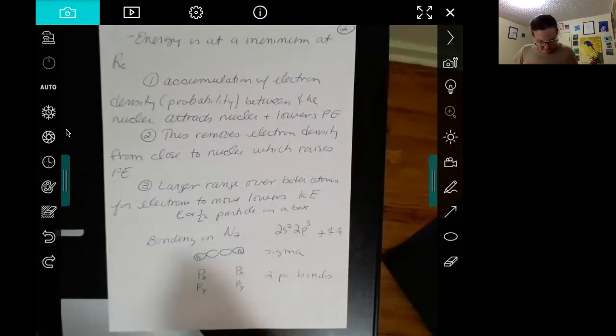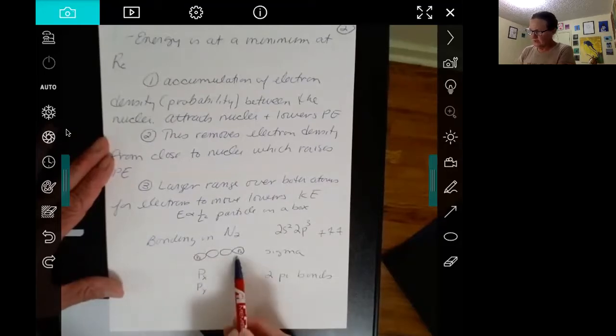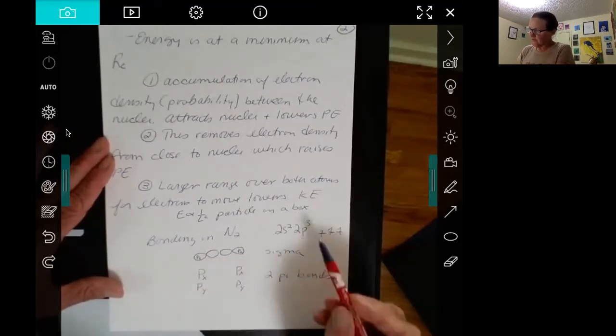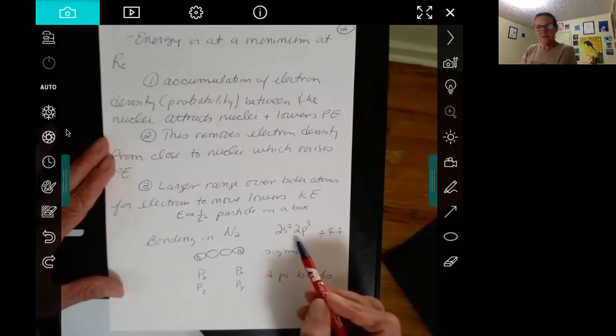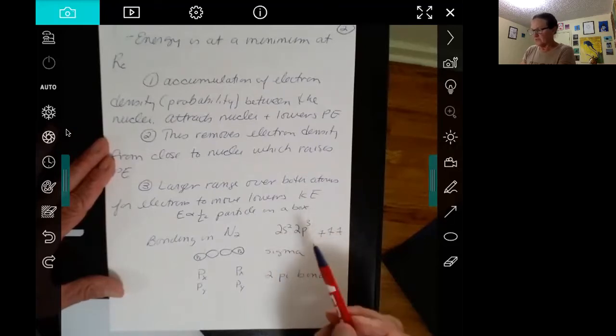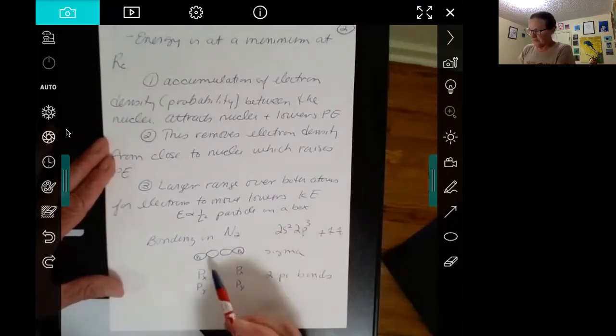So when we talk about the bonding in nitrogen, well, let's first just look at the electron configuration. So it's 2s2, 2p3. So it's these 3 p electrons that can overlap with another nitrogen. So this is for each nitrogen.